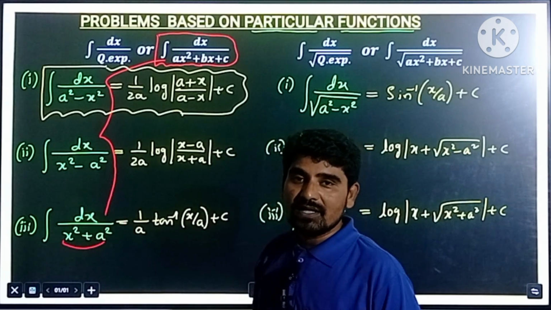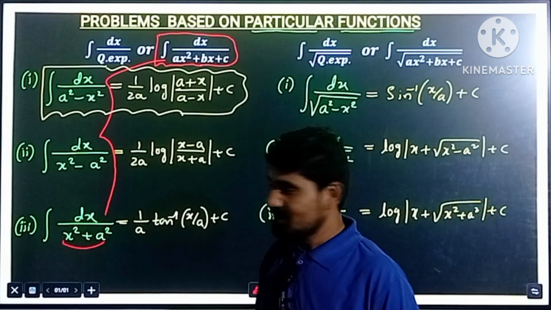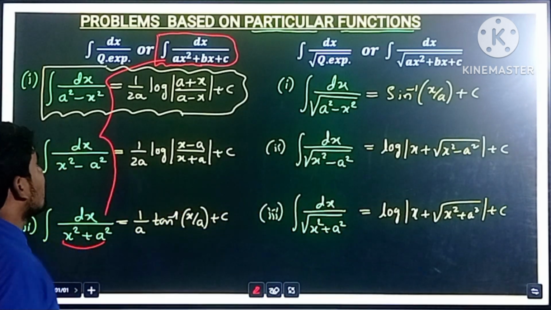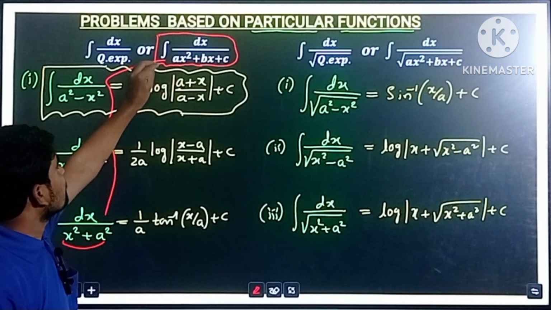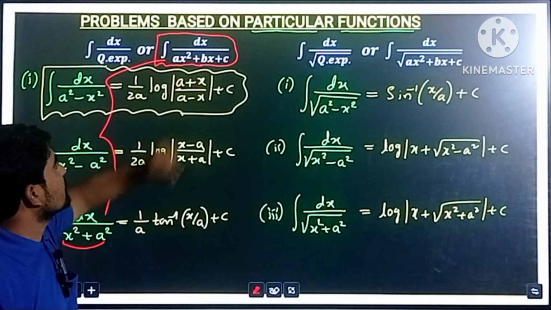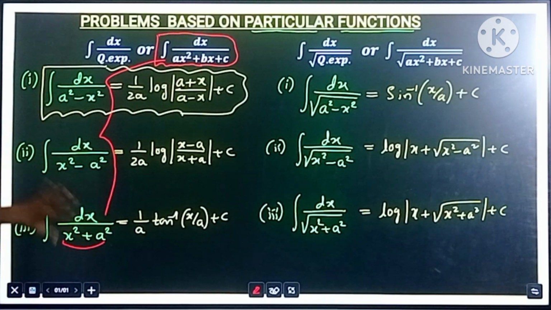For this we use the completing the square method. Let us see how we convert the integration problems of the form dx divided by ax square plus bx plus c to any one of these forms.